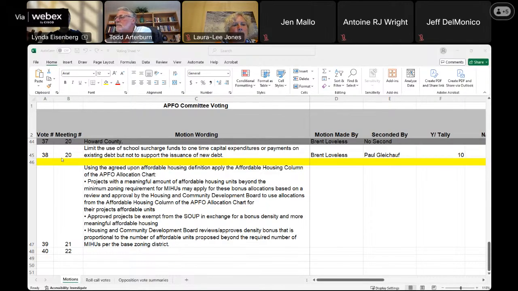So if you recall, we have the rural west, we have other character areas, we have activity centers, and then we have the affordable housing column, which we have not defined yet. So we have by geography and then by a character or a policy area. So this is by policy area.